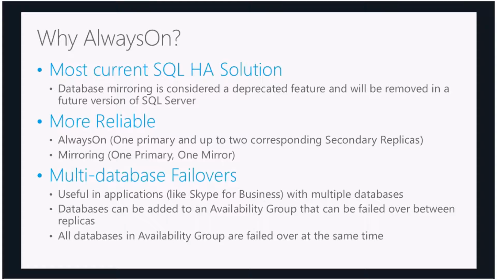What that means is anything that is written to your primary databases must also be written to your secondary databases in an Always On solution. So that ensures that whatever data you have written on your primary is also going to be available on your secondary in the event that you have to do a failover. So it ensures consistency among the database instances that you have. So that's another reason why Always On is a valuable solution.